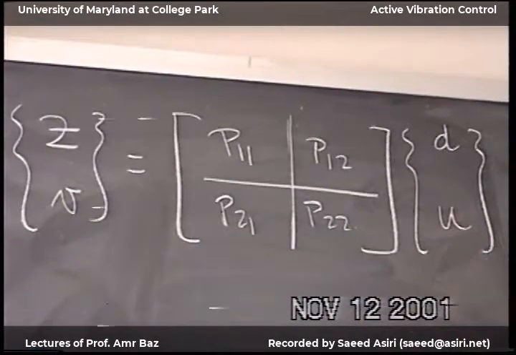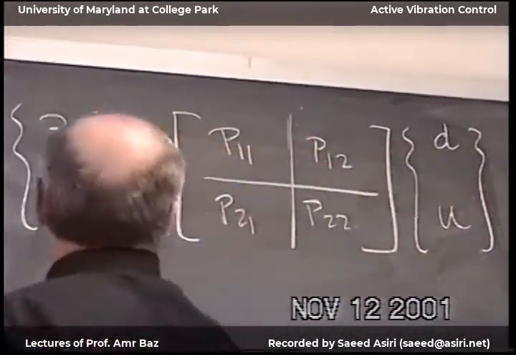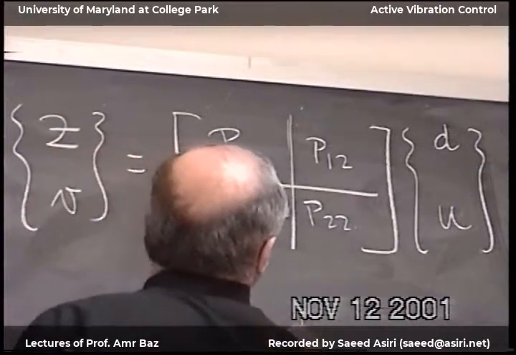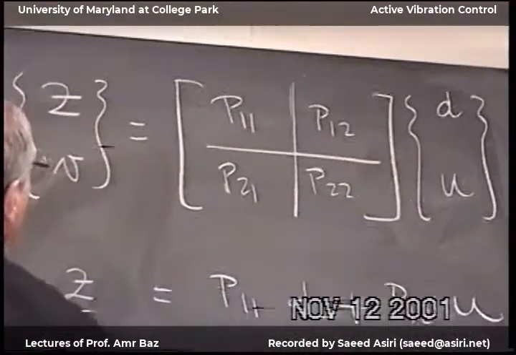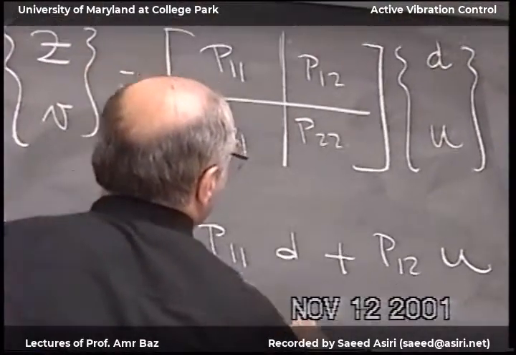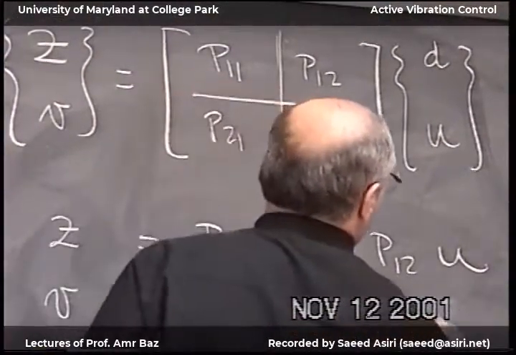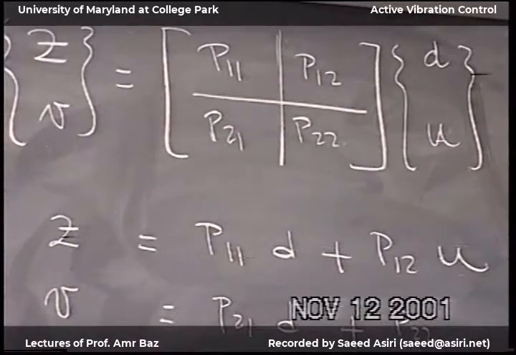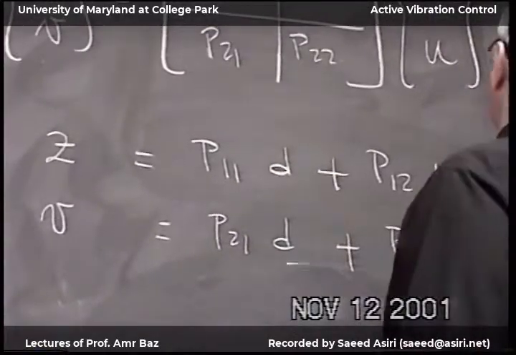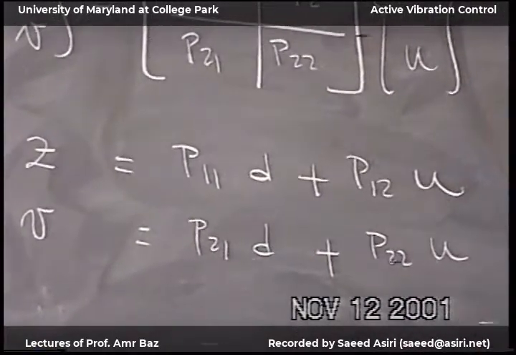Now I can expand from here. So we'll have Z is equal to, and V is equal to times U. Okay.